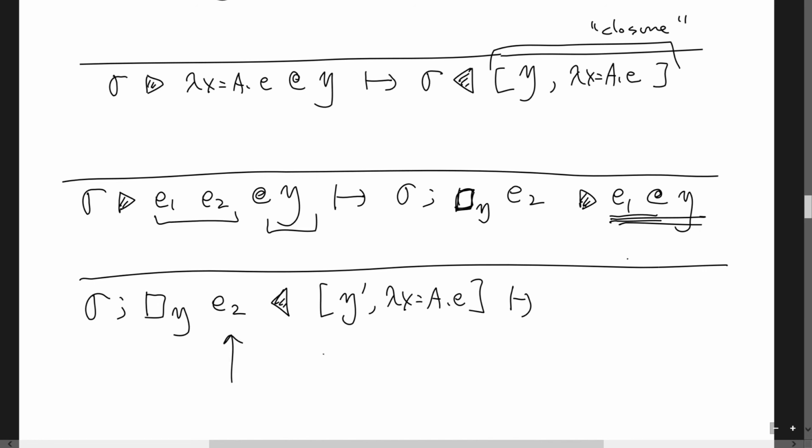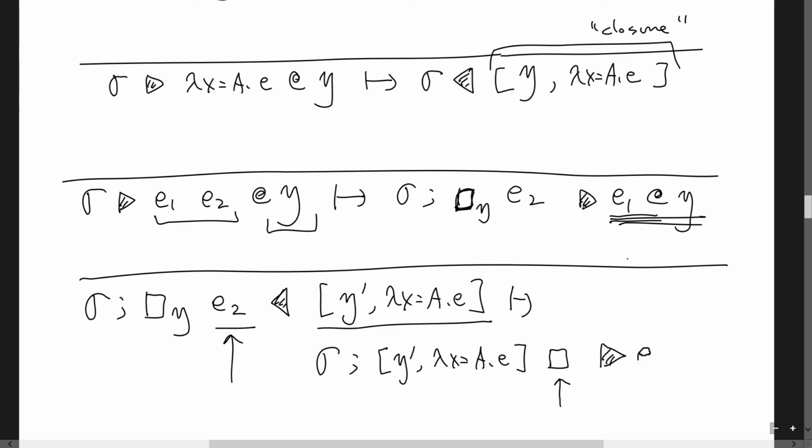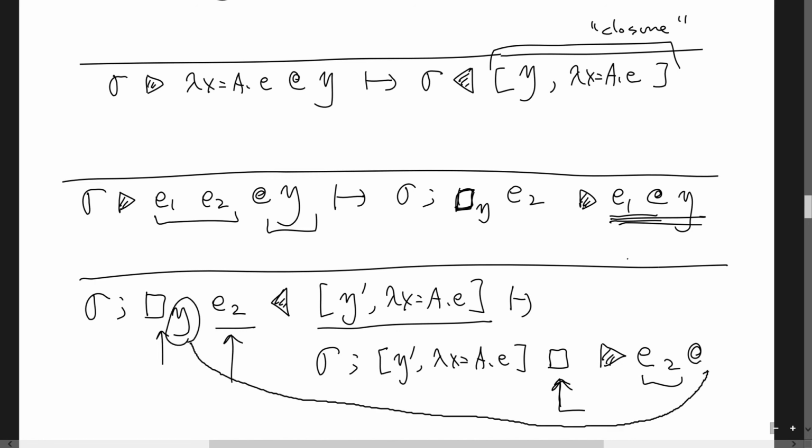So the step now is this one, eta prime lambda x a dot e, and we leave a hole here. This hole indicates that we are currently analyzing expression E2 that was in the position of this hole. And what is the environment for expression E2? We decided to leave the environment as an annotation of this hole. So we make a copy of this hole here.